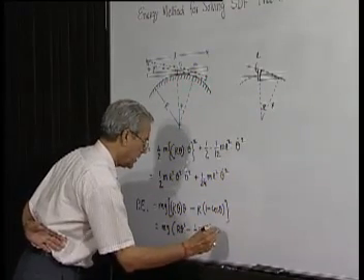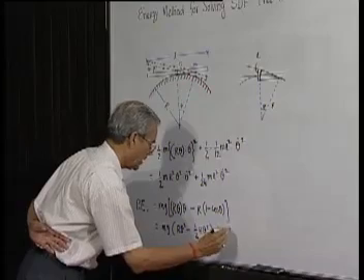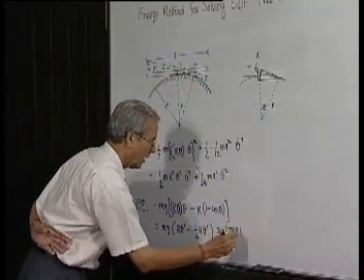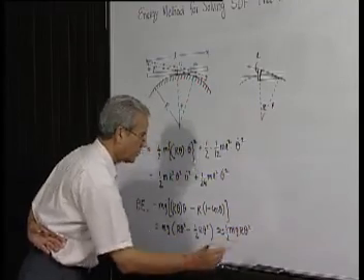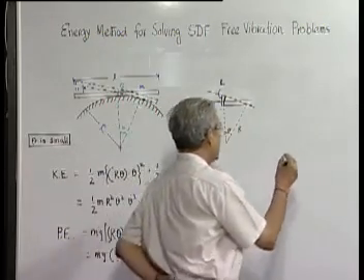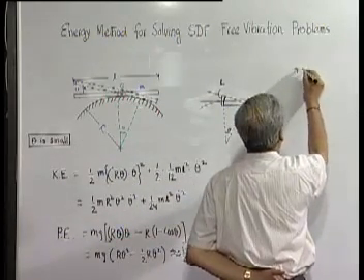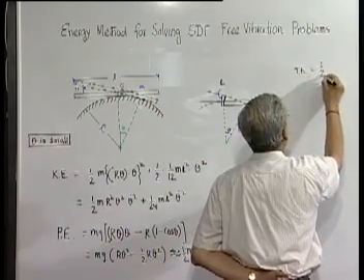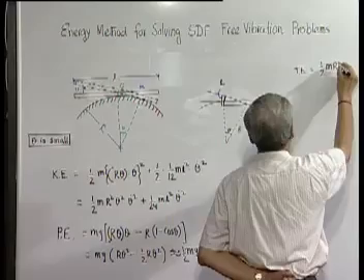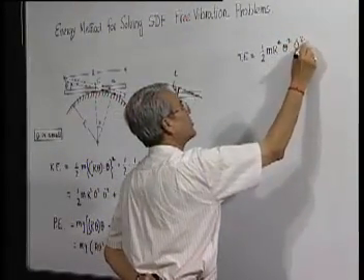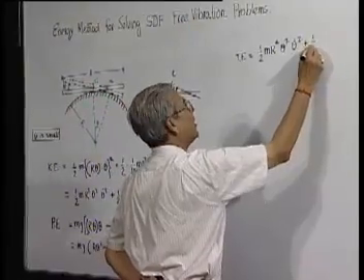So this is approximately m g half r theta squared. This is an approximation considering theta to be small. So the total energy is half m r squared theta dot squared plus 1/24 m L squared theta dot squared, plus the potential energy.